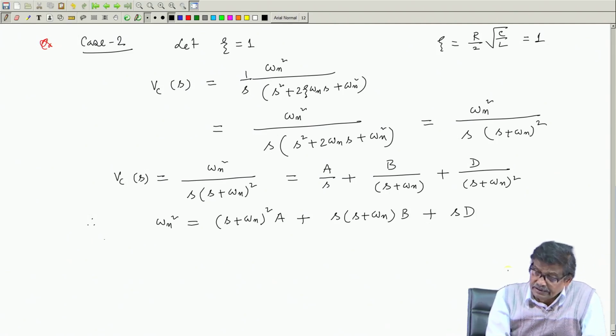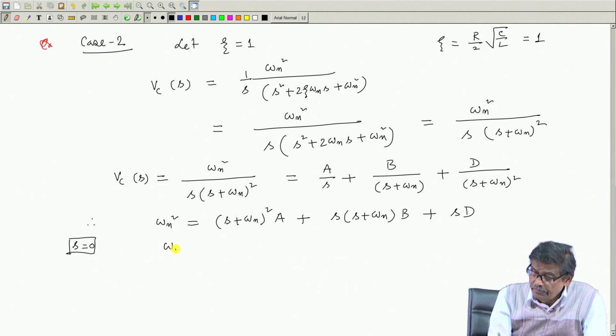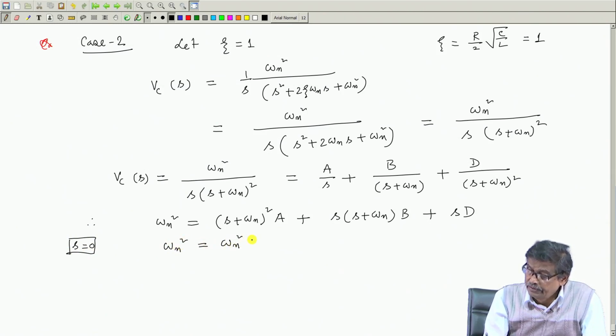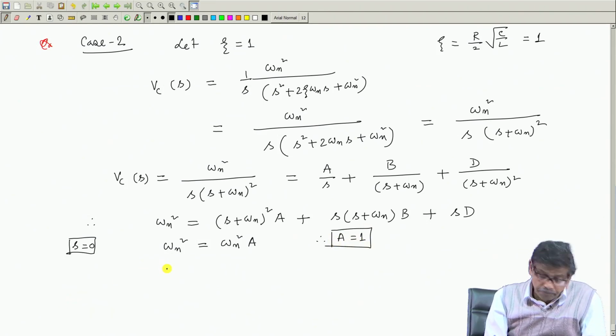So, one thing is, if you put s equal to 0, then it will be omega n square is equal to omega n square into a, these two terms not there. Therefore, immediately I know a is equal to 1. Then put s equal to minus omega n.